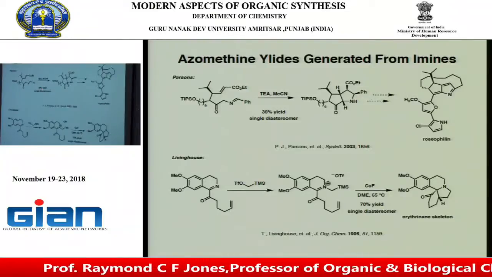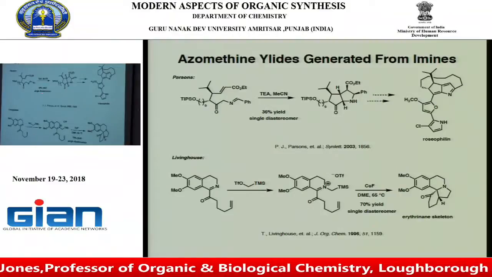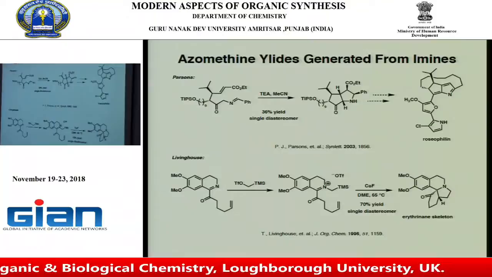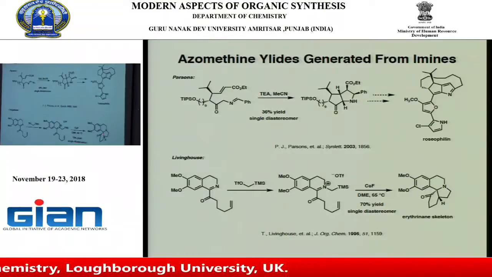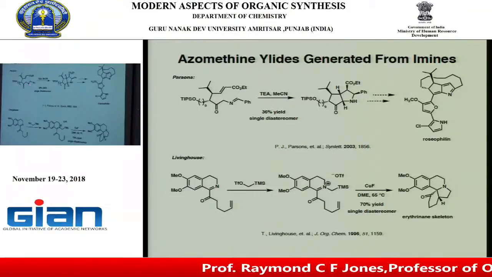This one, it's not a fantastic yield, but it does give a single diastereomer of the product with relative stereochemistry as shown. This one a much better yield, but also a single diastereomer of the two asymmetric centers that are created in the cycloaddition. So they show different ways of doing it. This is quaternizing and deprotonating an imine, but it's done by proton transfer there.